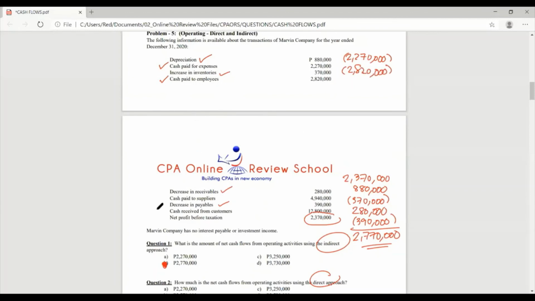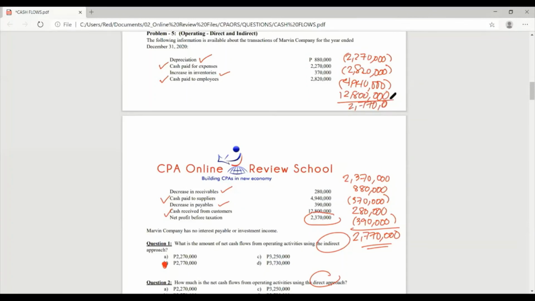Meron pa ba? Cash paid ulit. Cash paid to suppliers, 4,940,000. Lastly, cash received from customers, 12,800,000. So using your direct approach, how much yun na-compute mo? So that should be 2,770,000.